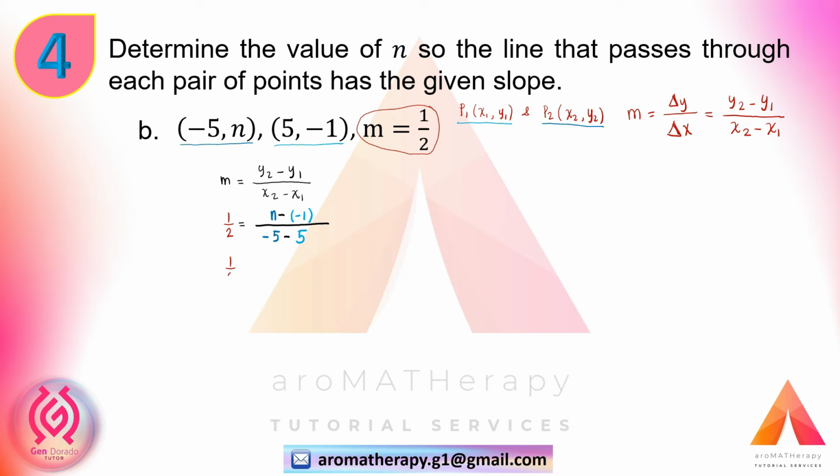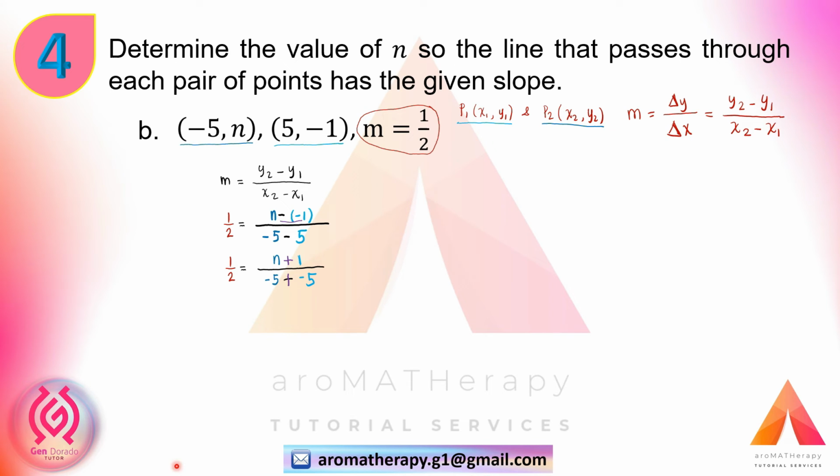There, right? 1/2 is equal to n, negative times negative is equal to positive. So you write plus 1. For the denominator, negative 5 plus negative 5.